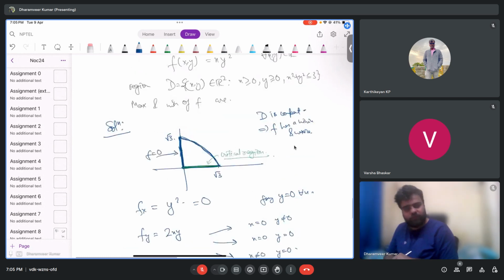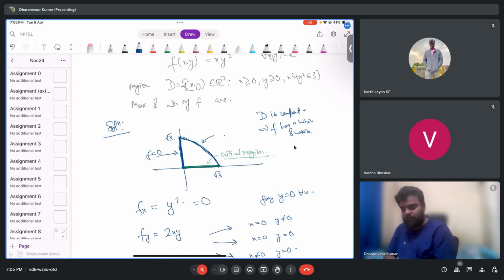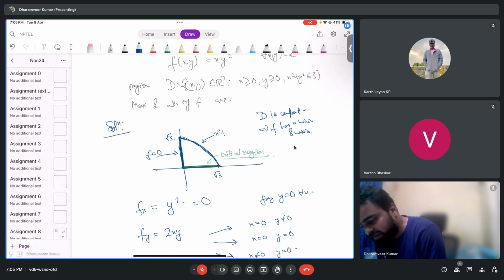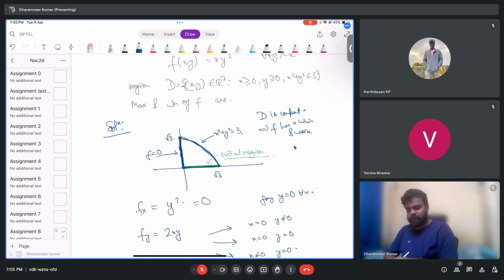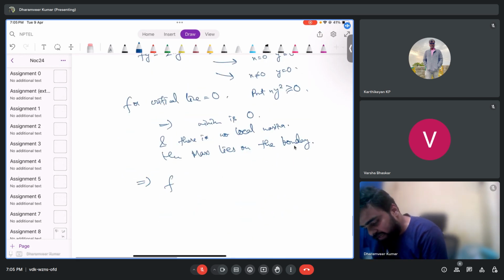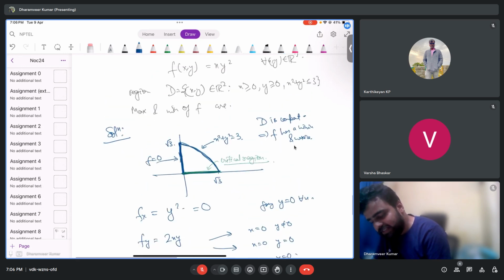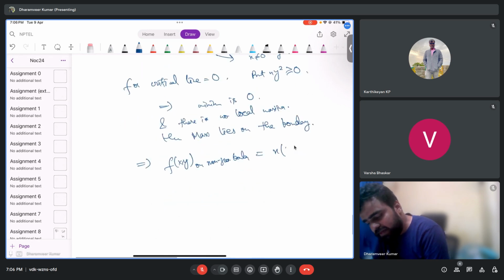F is equal to 0 over here. What about this point? What is this boundary? x square plus y square equal to 3. What we can do is, f(x,y) on the non-zero boundary is nothing but x into y square, and y square is x into 3 minus x square.